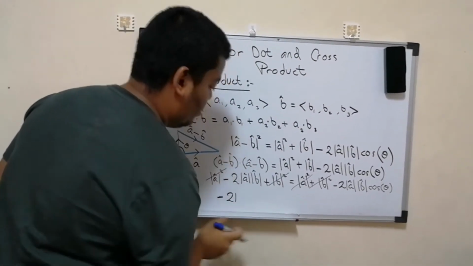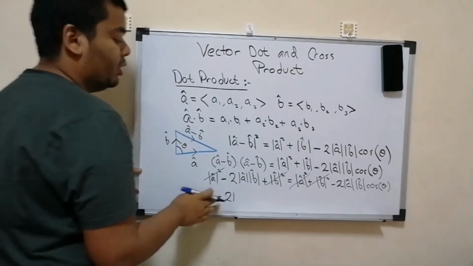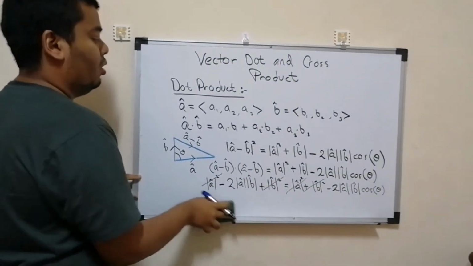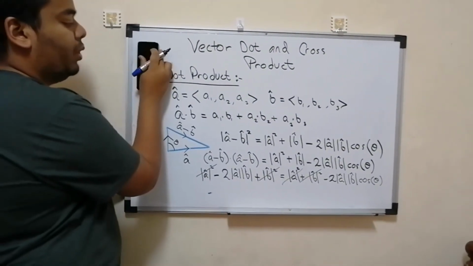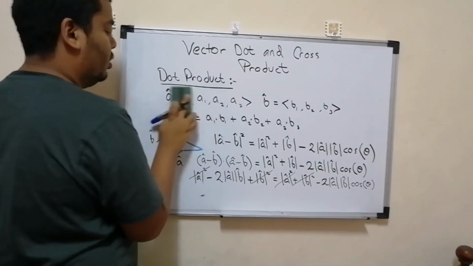Now we are left with minus 2. Let's move it there. So I will not write it here because I think it will be difficult to see, so I will continue up here.